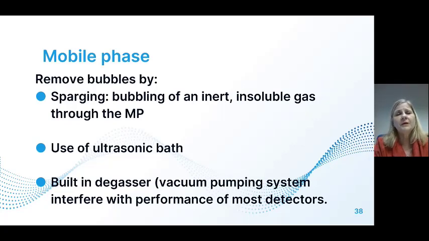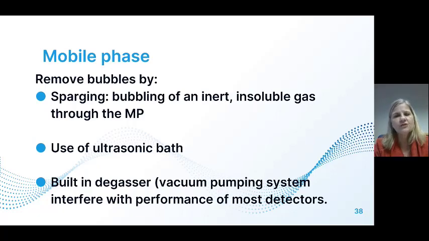You can remove the bubbles by sparging, that is by bubbling an inert, insoluble gas through the mobile phase. So you would bubble nitrogen or argon or helium through your mobile phase. Or after preparation of your mobile phase, you would place it into an ultrasonic bath for a while and you would see the bubbles forming.